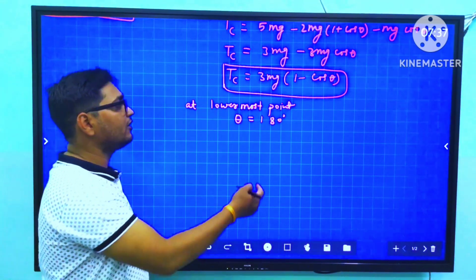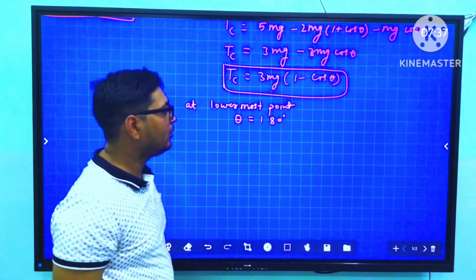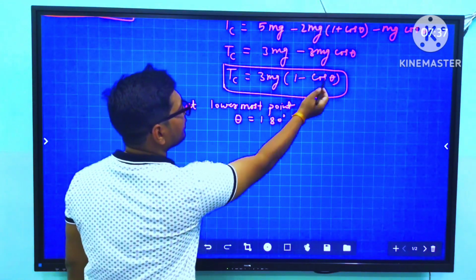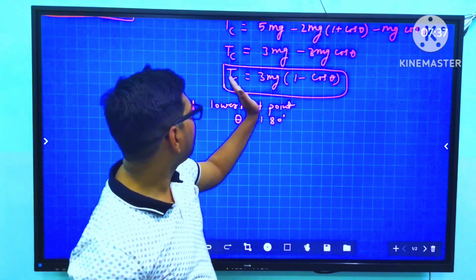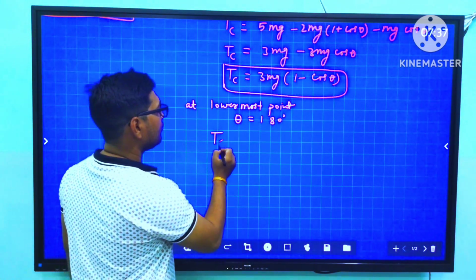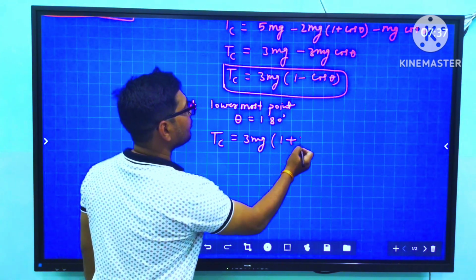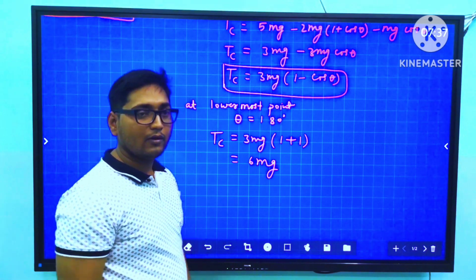If I place theta as 180 degrees, cos theta will be minus 1, and the tension will be 3mg times 1 plus 1, that is 6mg. That we have calculated previously.